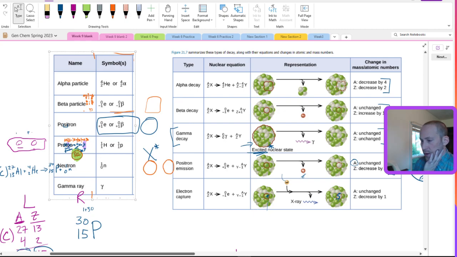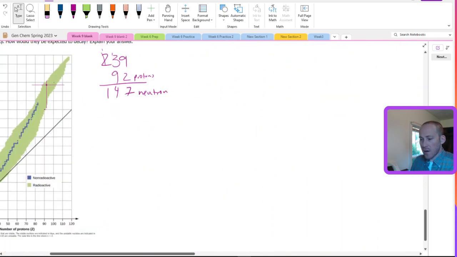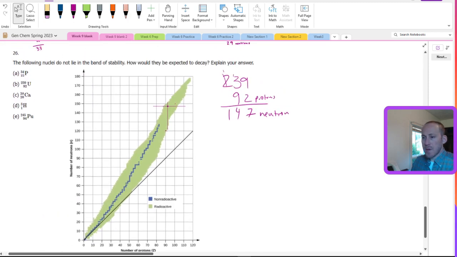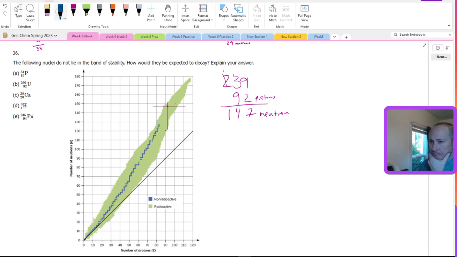Alpha, beta, gamma, positron, or electron capture. So I think we're going to have multiple alpha decays, probably, to get us to something on that blue line. So what if we could become bismuth here? I think it would be a combination of alpha and beta decays that would get us something more stable. And that is what uranium does.